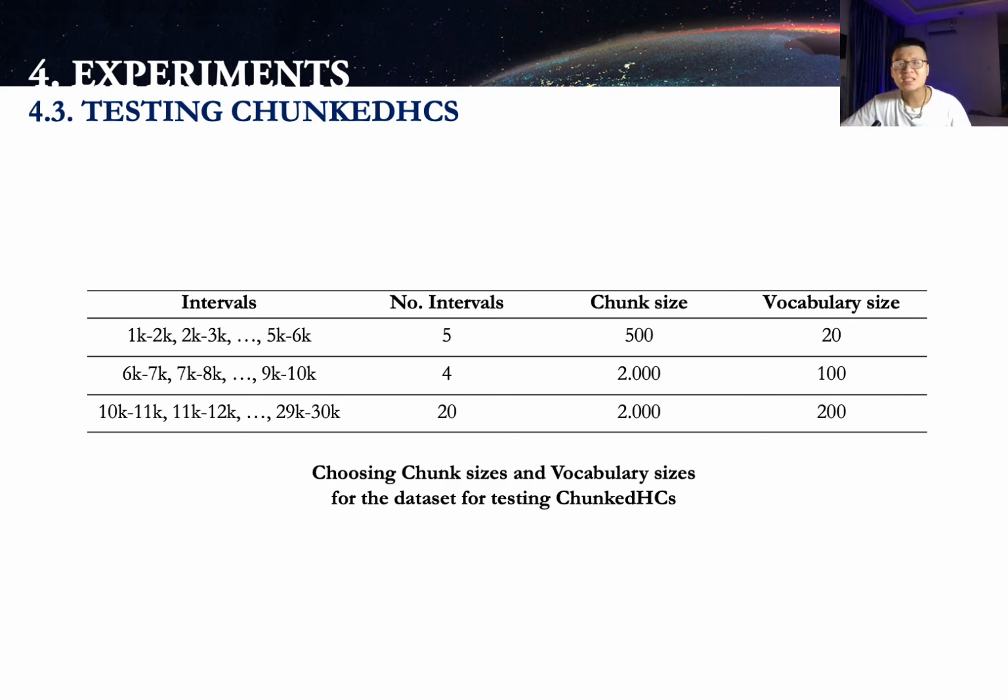Third, with the selected values of chunk size and vocabulary size, the similarity probability is calculated for all the pairs, which is step 1. Next, the dataset is split into two equal halves, the validation set and the test set. For each interval, the validation set is used for selecting the optimal threshold where the accuracy is maximum.